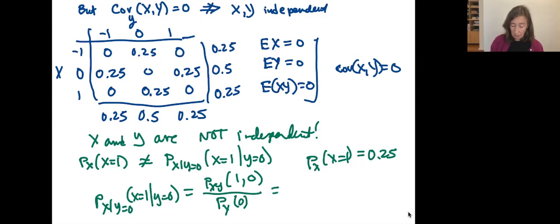The probability that x equals 1 and y equals 0, that's this probability here, is 0.25, and the probability that y equals 0 is 0.5, so that is 0.5.